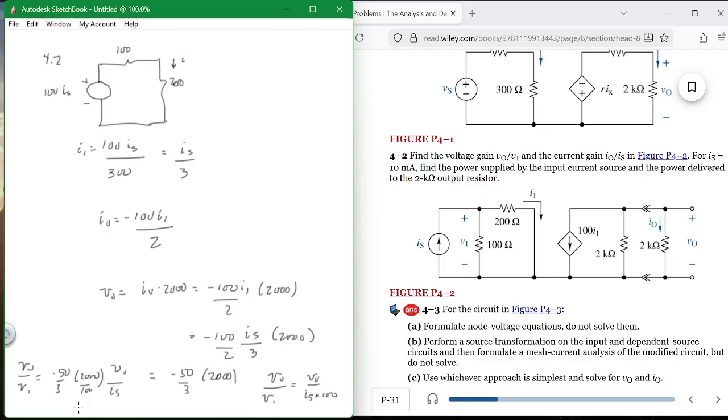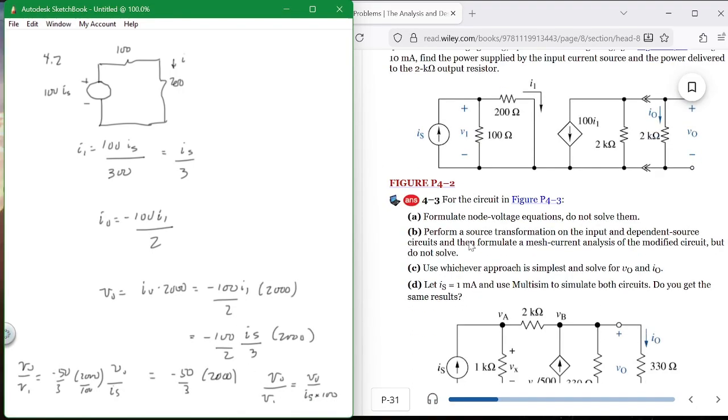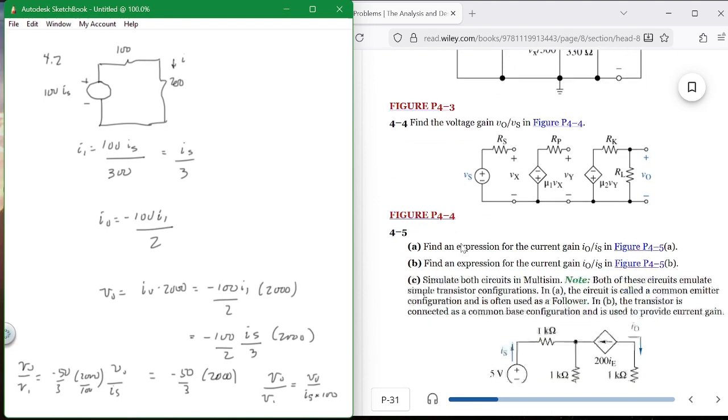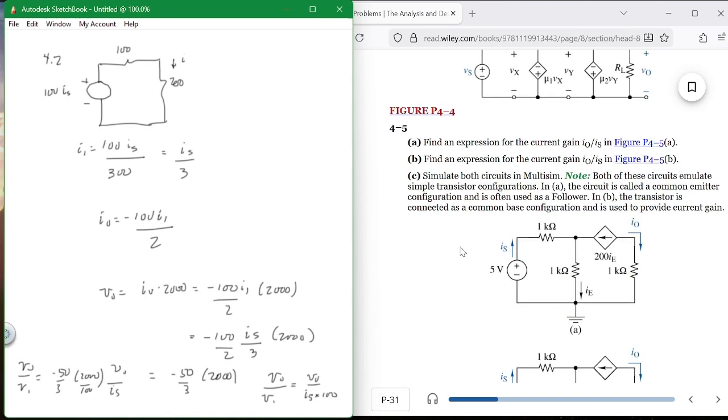I'm not too interested in these problems, but the fact is they're there, all right? And you need to know how to do them. 5 is the same, except now, what do we have? What are we doing with this? How would you do this circuit right here?